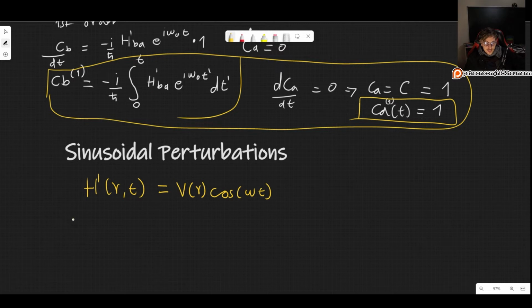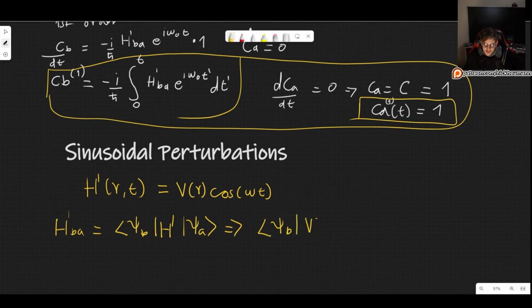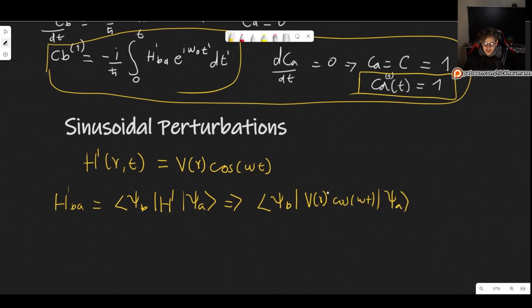We know that H prime BA is psi B, H prime, psi A, so this is psi B, V(r) cosine omega t, psi A. But cosine of omega t has no space dependence, so we can take it out of this inner product and write it outside.